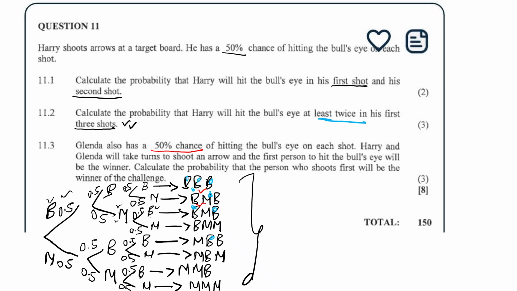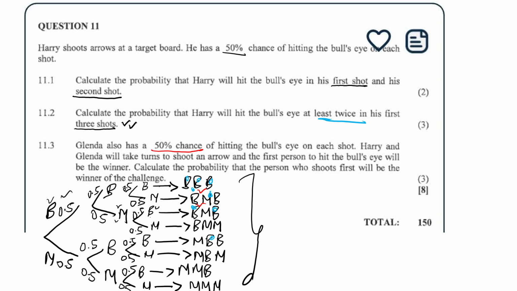Harry and Glenda will take turns to shoot an arrow, and the first person to hit the bullseye will be the winner. Calculate the probability that the first person who shoots first will be the winner of the challenge.